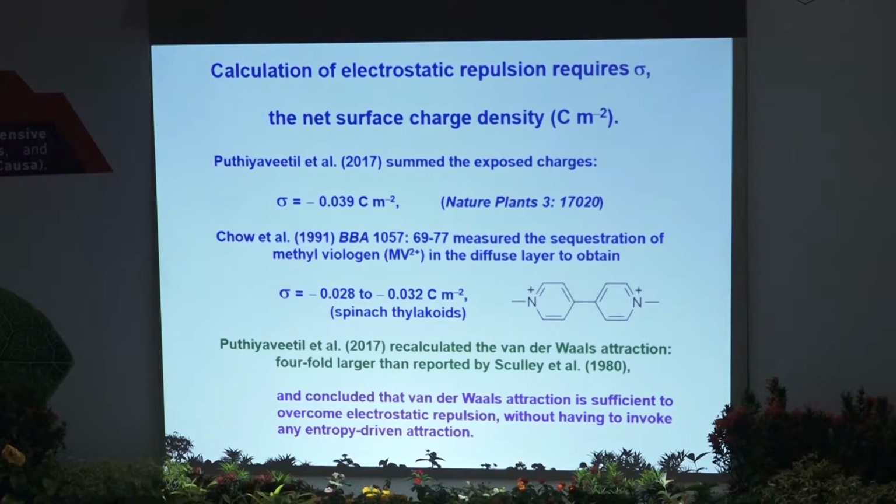And they calculated the electrostatic repulsion based on this calculated surface charge density and concluded that the van der Waals force of attraction was sufficient to overcome the electrostatic repulsion without having to invoke any entropy-driven attraction. So just the van der Waals force was sufficient to overcome the repulsion.